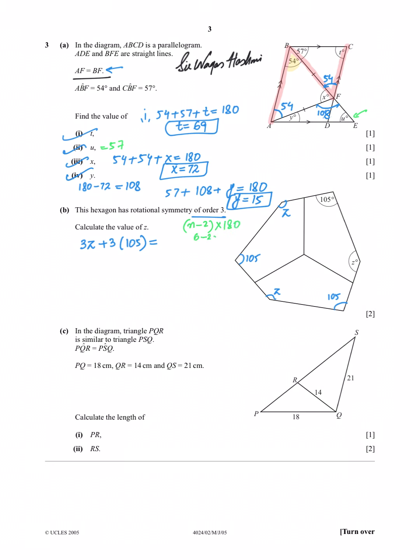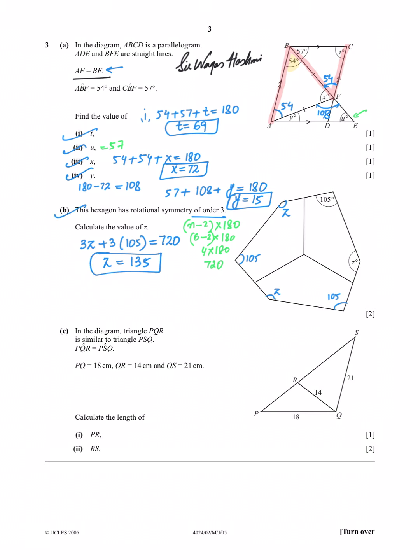So 6 minus 2 times 180. 6 minus 2 is 4. 4 times 180, and that leads to 720. So now we know that if we add all those angles, the sum is equal to 720. So we equate it with 720. By solving this equation, you will get the value of z, and that is equal to 135 degrees. That is your part B answer.